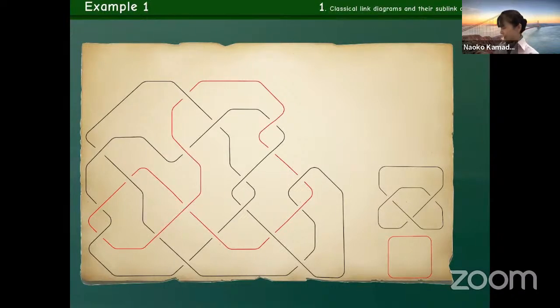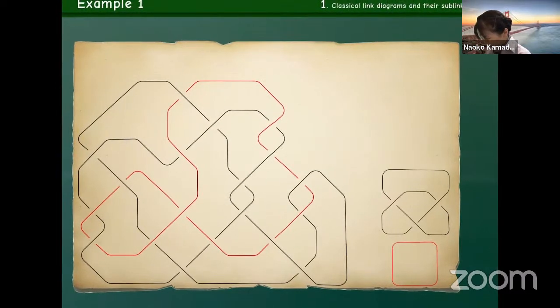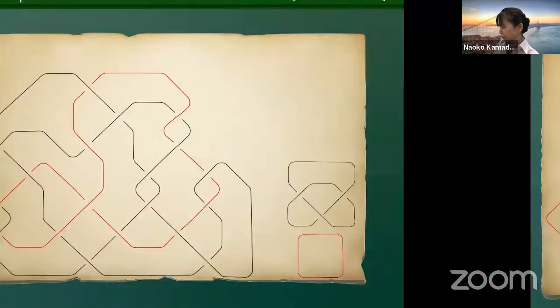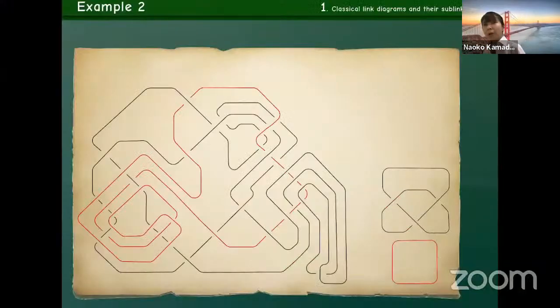This must be difficult to see. Sorry, I just used one screen. We move this overpass and this underpass and this underpass, so we have this diagram.